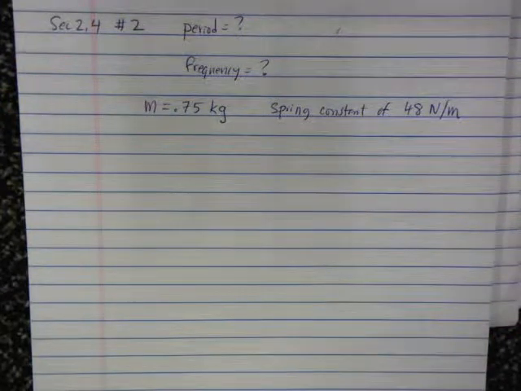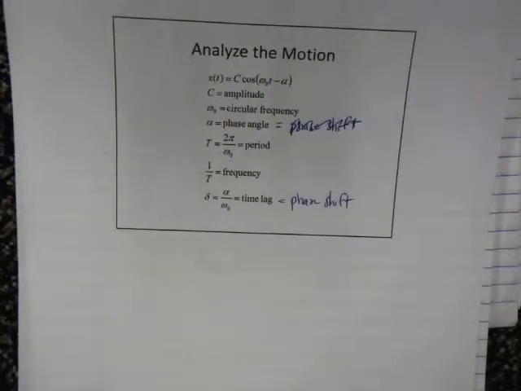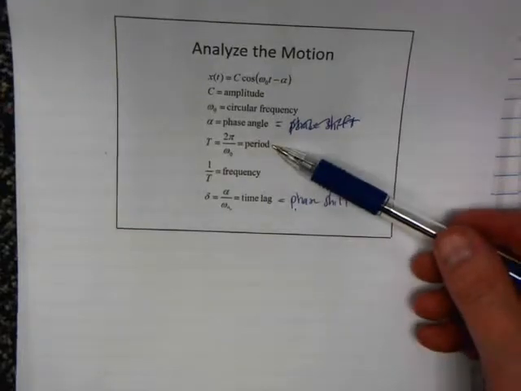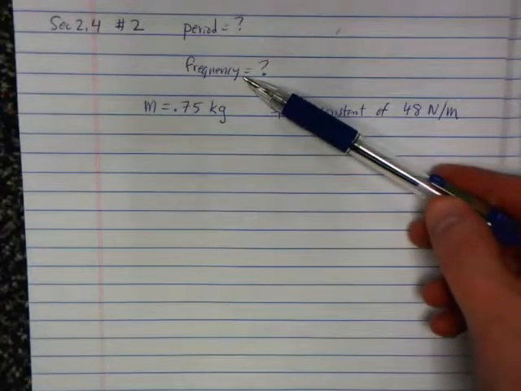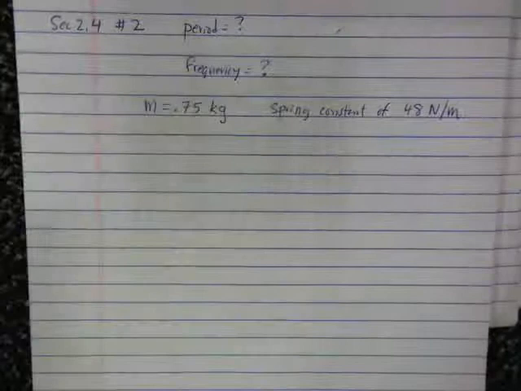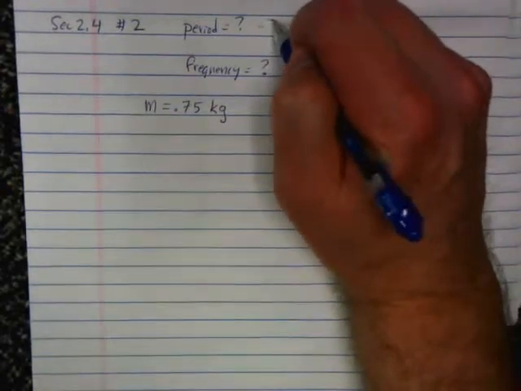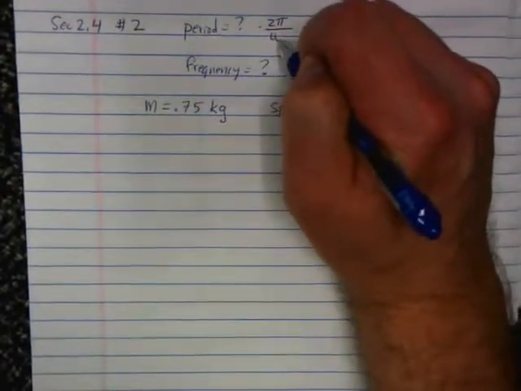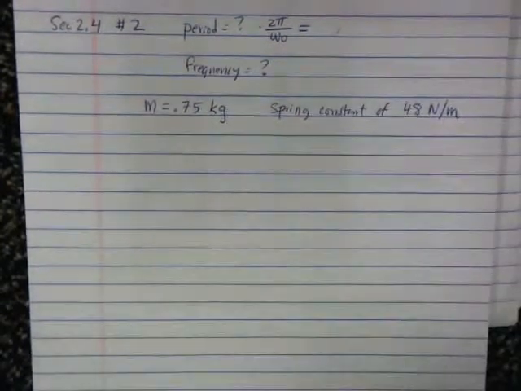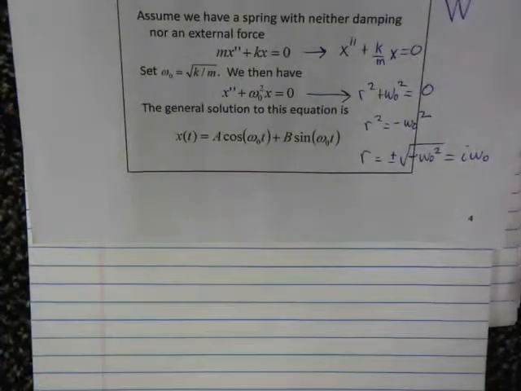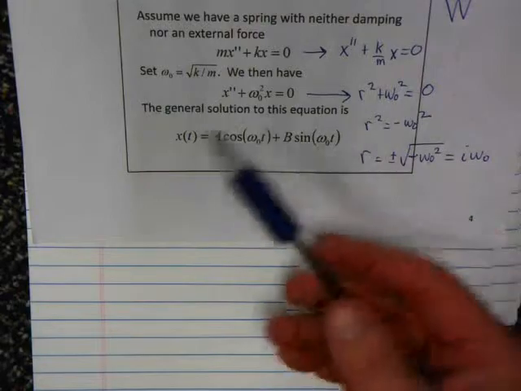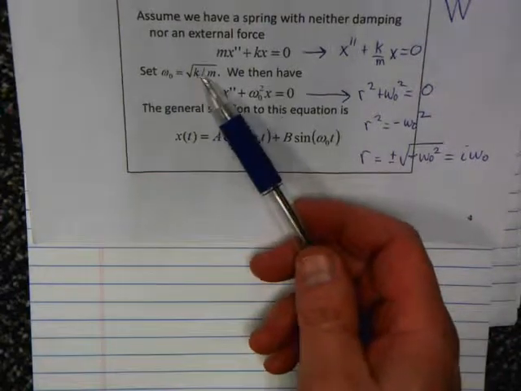All right, so looking back at my notes here, how do I find the period? 2 pi over omega naught. And once I know the period, the second part, the frequency, is already done, isn't it? So our period is 2 pi divided by omega naught. So what was omega naught? Omega naught was the square root of the spring constant over the mass.